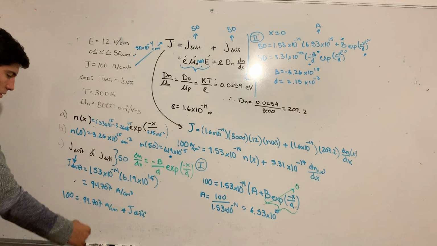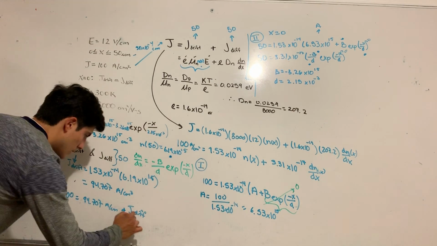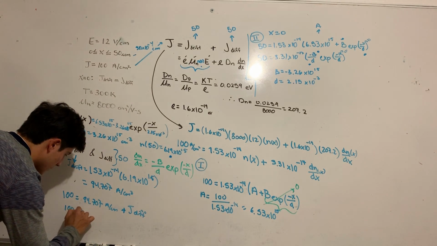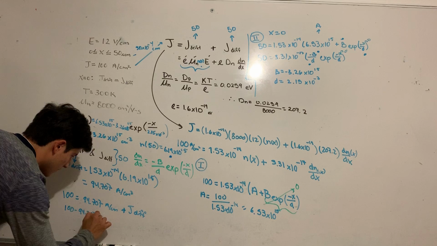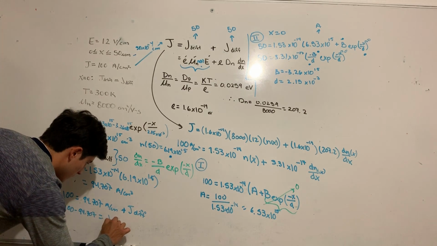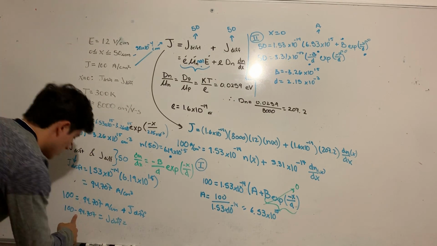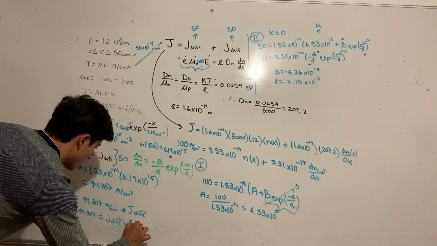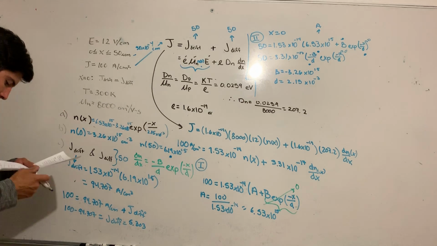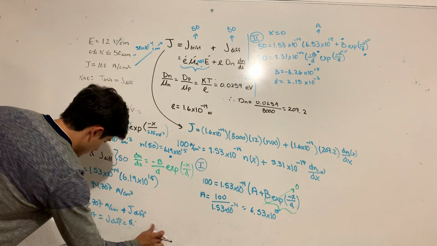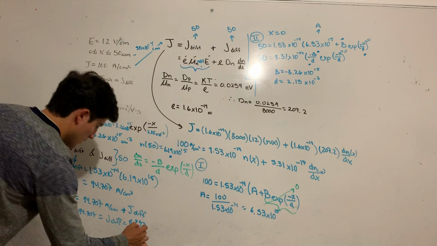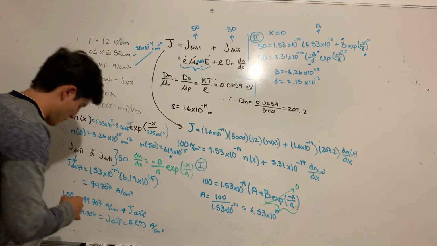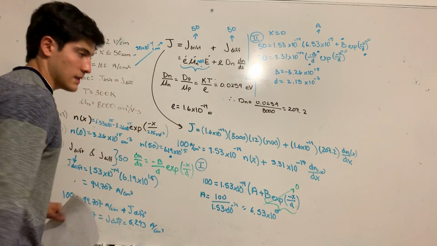So J diff is going to be 100 minus 94.707. That's J diff, and that is equal to 5.293, right? Same, 293. Amperes over centimeter cubed. And well, that's it.